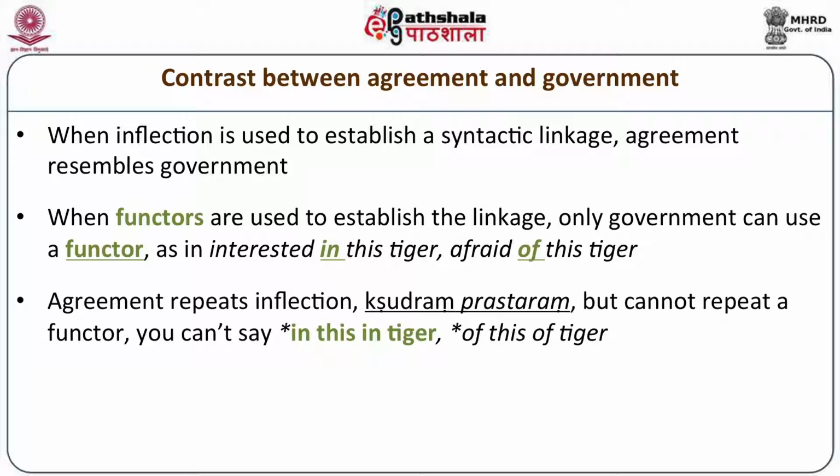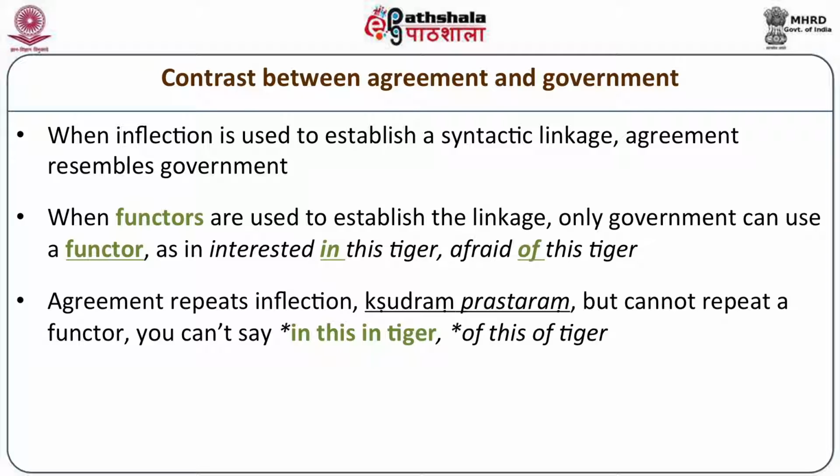You don't get, he is interested of this tiger. You get, he is tired of this subject. You don't get, he is tired in this subject. So tired governs of. Interested governs in. There are linkages of this kind. It is possible to govern a preposition, to require your object or complement to take a particular preposition.